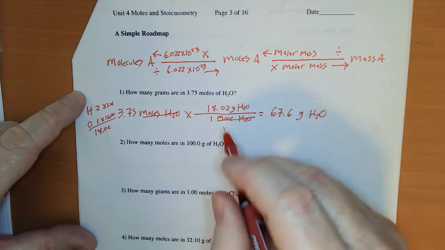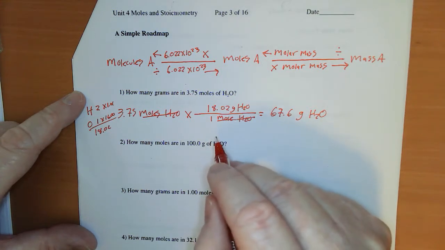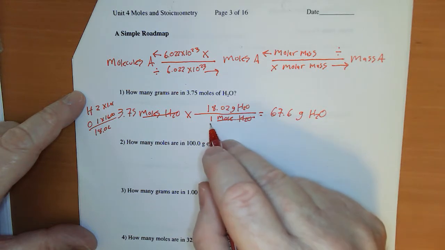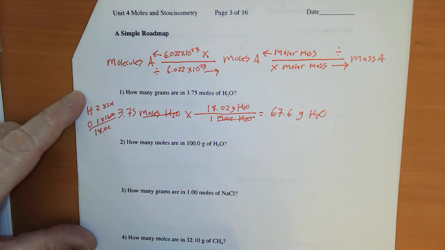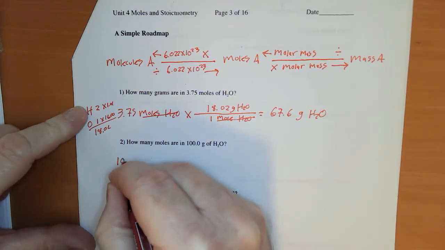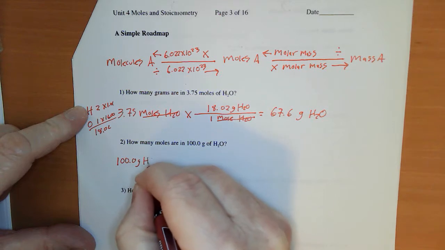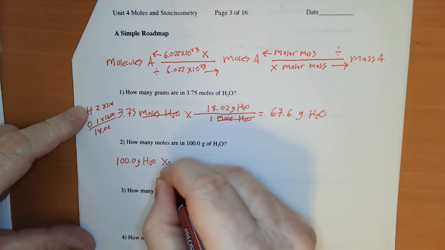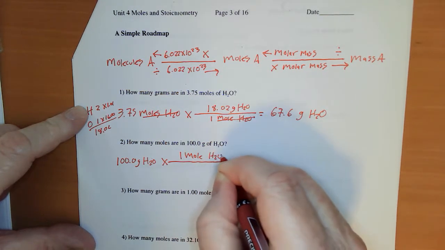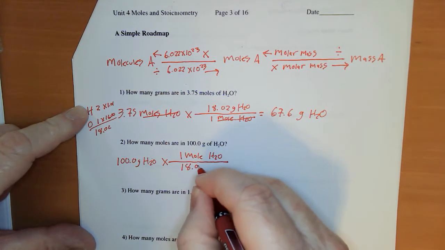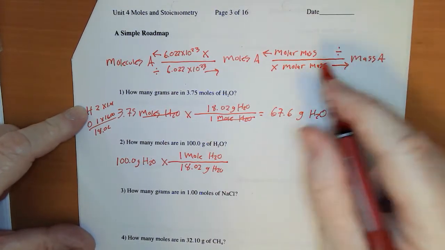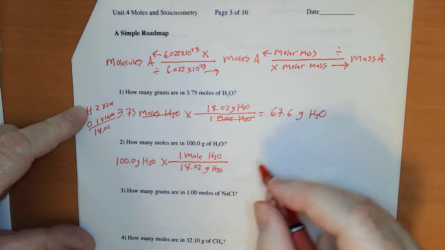Okay. Now the reason I can write 1 mole water down here is that the definition of molar mass is the mass in grams of 1 mole of a substance. Now how about if I have to go the other way? 100.0 grams of water, and I want to convert it to moles. 1 mole water on top, and 18.02 grams water on the bottom, because when I'm in grams and I want to go to moles, I divide by the molar mass.